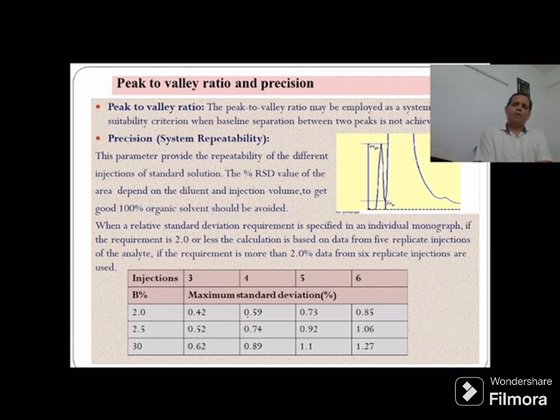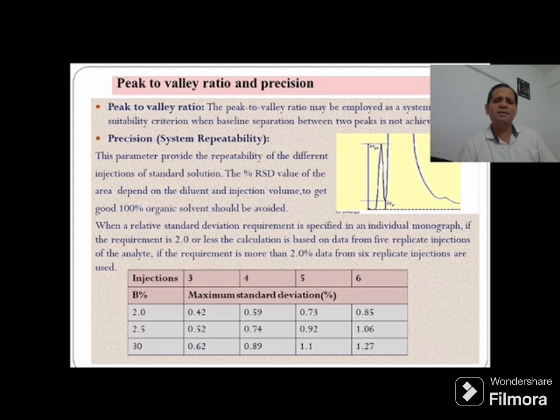So I hope my explanation about the system suitability parameters you have understood well, and it will be helpful for all of you. And in the second video, I will give the information on what allowable changes we can make in a method to achieve the system suitability without doing further validation.